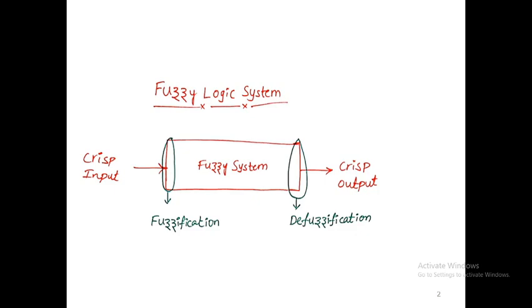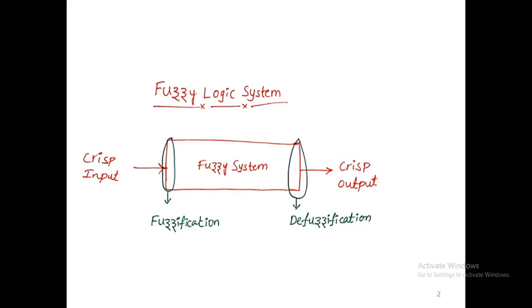So in this process, at the starting of the fuzzy logic system, the crisp inputs will be converted to fuzzy values. That process is called fuzzification. Fuzzification means converting the crisp values to the fuzzy values.